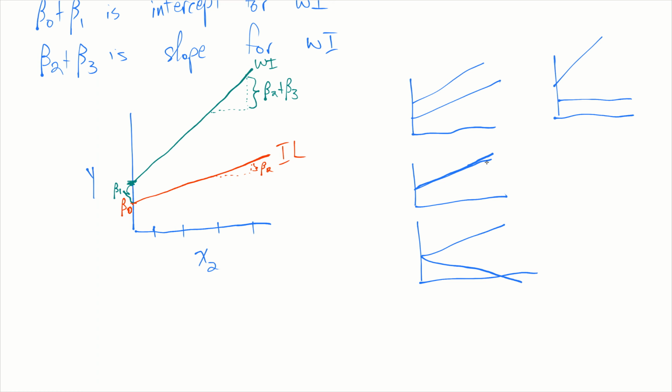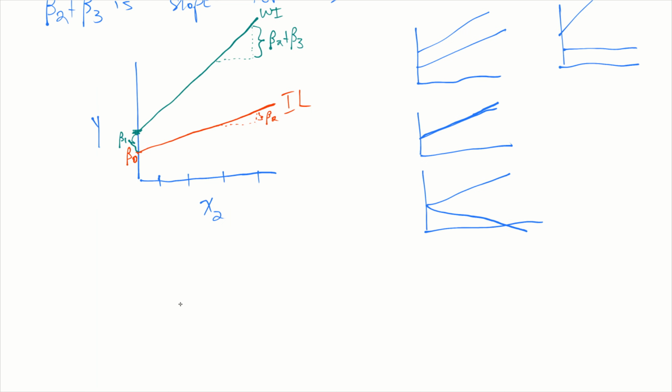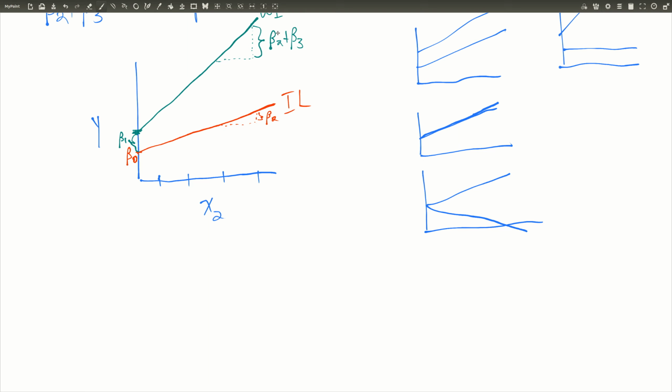So let's say you were to fit this regression and you wanted to see, is there any evidence that the lines differ at all? What would that look like? Well, since beta 3 is the difference in the slope between Wisconsin and Illinois, and since beta 1 is the difference in the intercept, if beta 1 is 0 and if beta 3 is 0, then you have the same line.